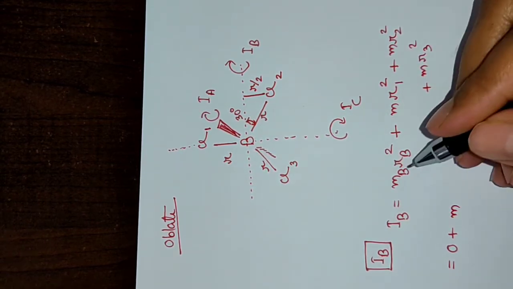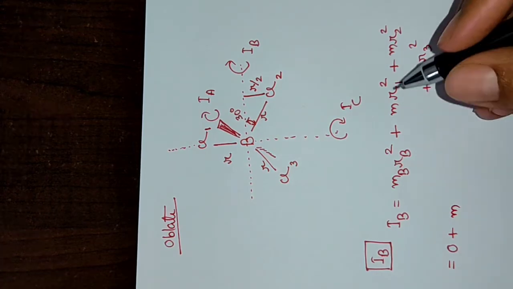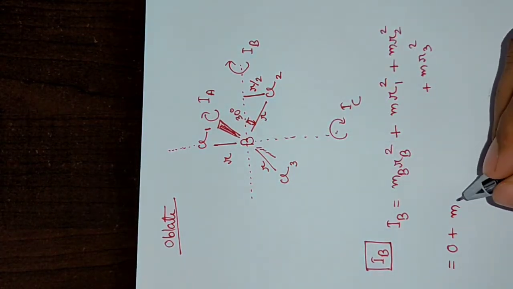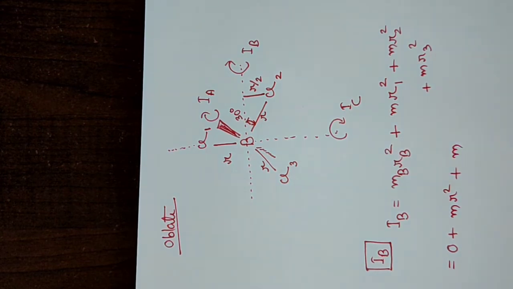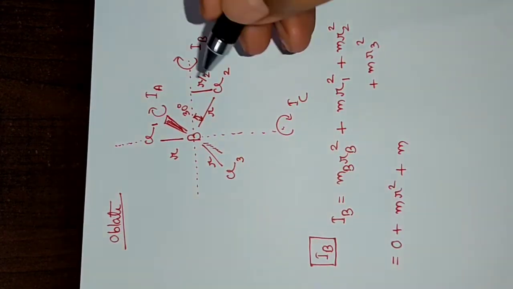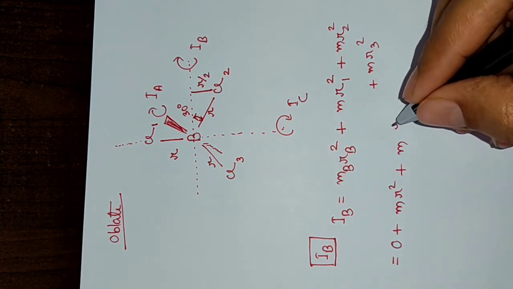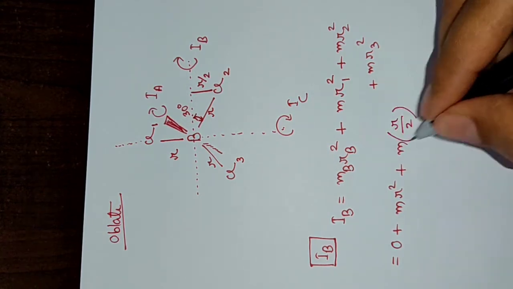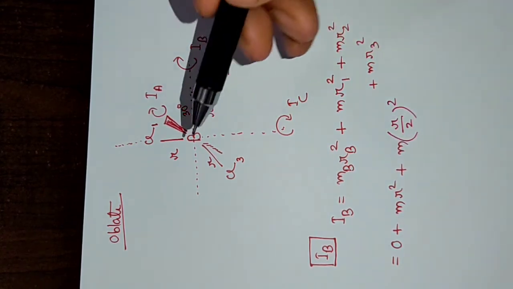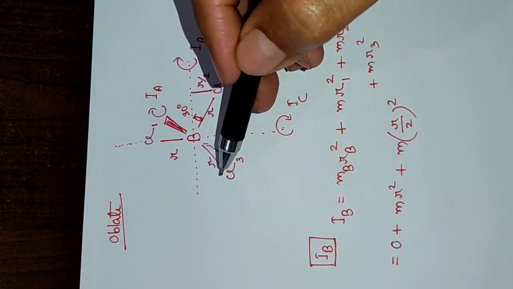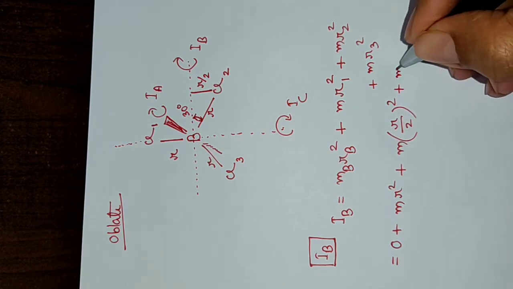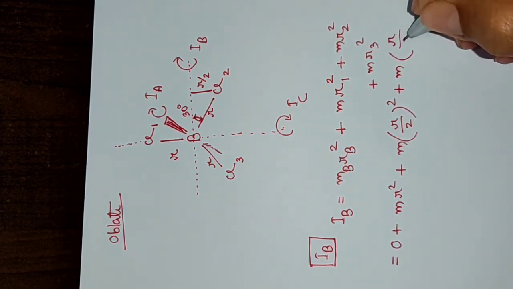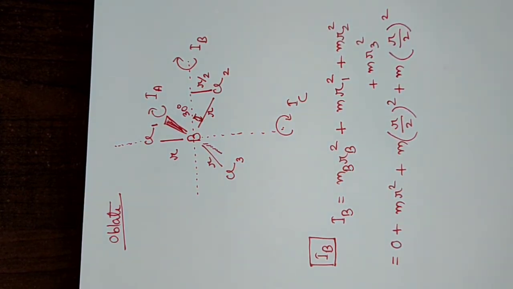Now this is 0, this is m r1 square with r1 equal to r for the first chlorine atom, and for the second one r2 will be r by 2, and same thing will be for this chlorine atom, so this will also be r by 2 whole square.